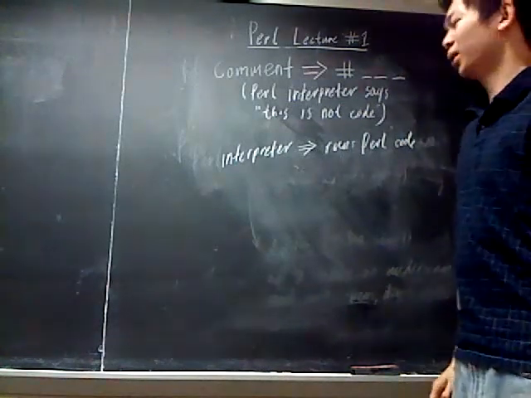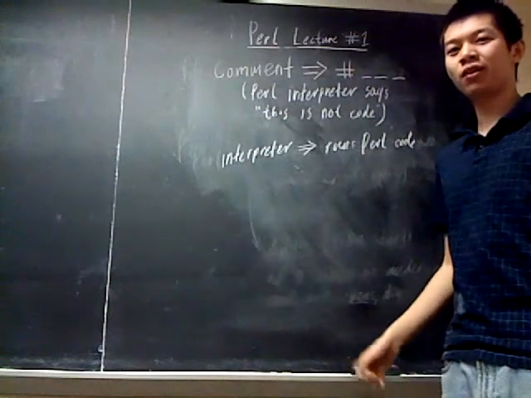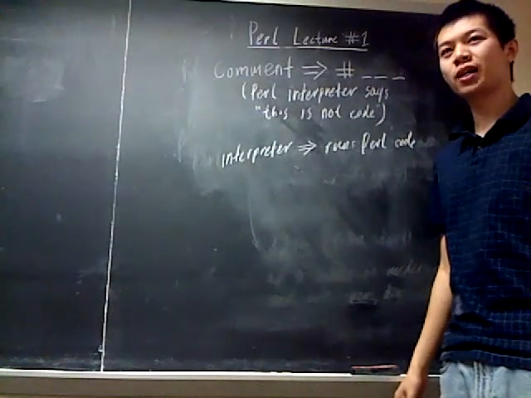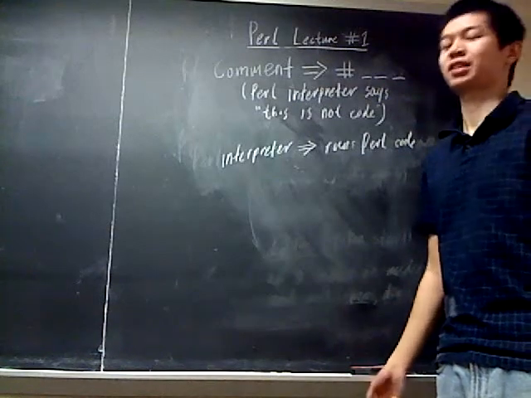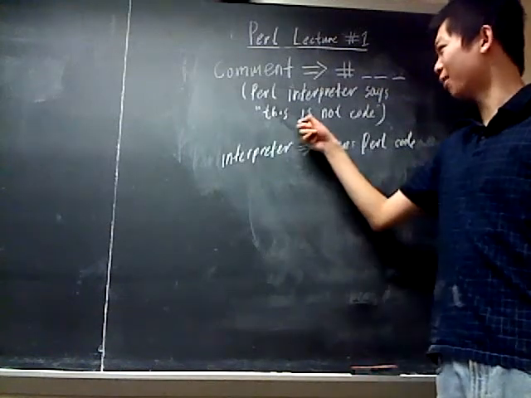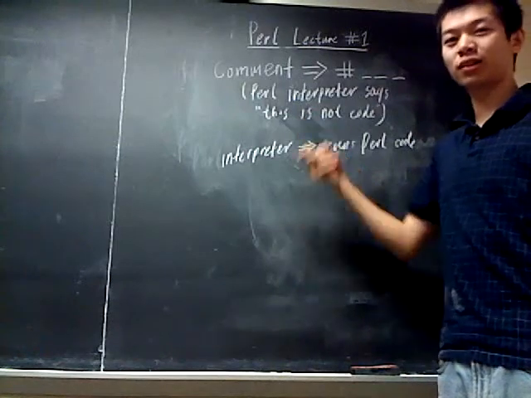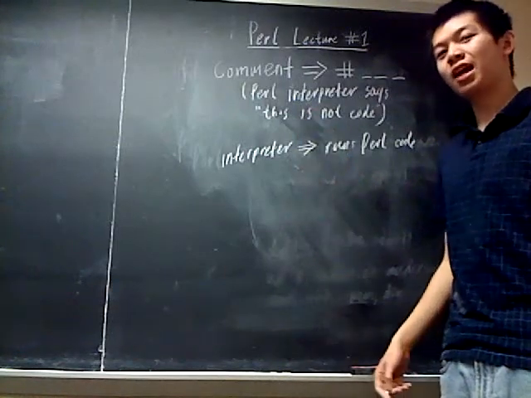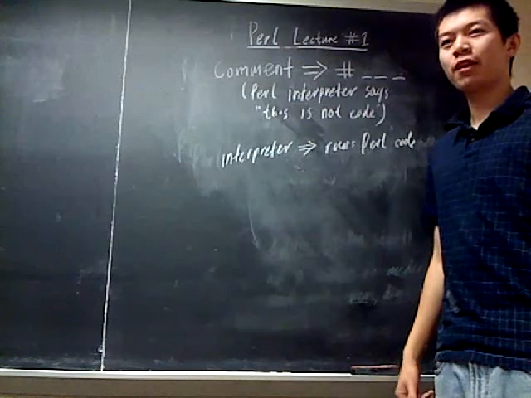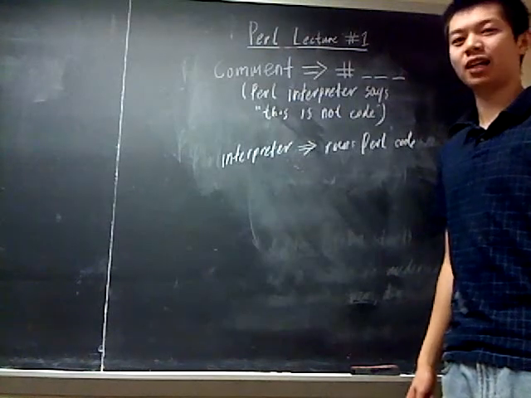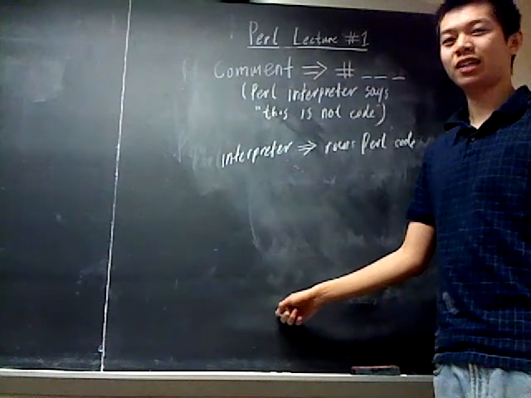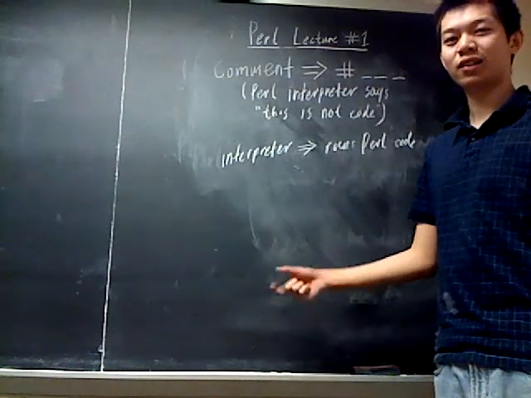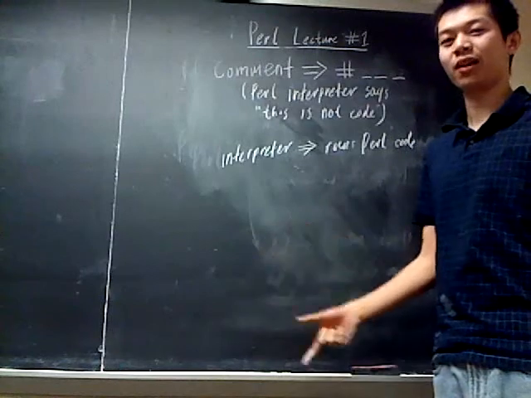Alright, so what comments would do, just like Perl is a freeform language that you can organize your code to make it look nice with spaces, caps, etc., you can also put in comments to explain what portions of your code does, and you can also use it for testing purposes, like if you think some block of code has a bug in it, then you can test only that block of code and comment out everything.